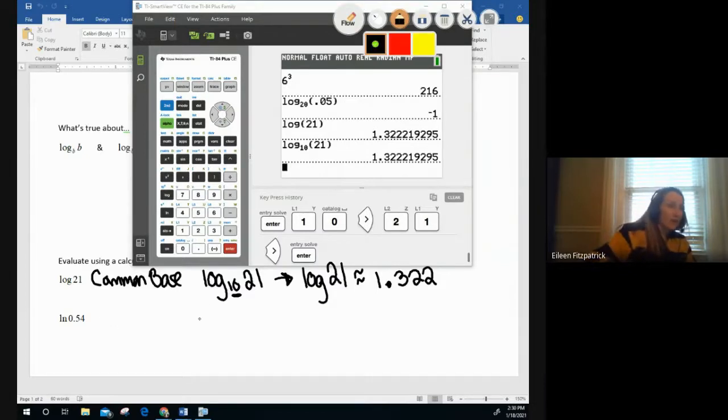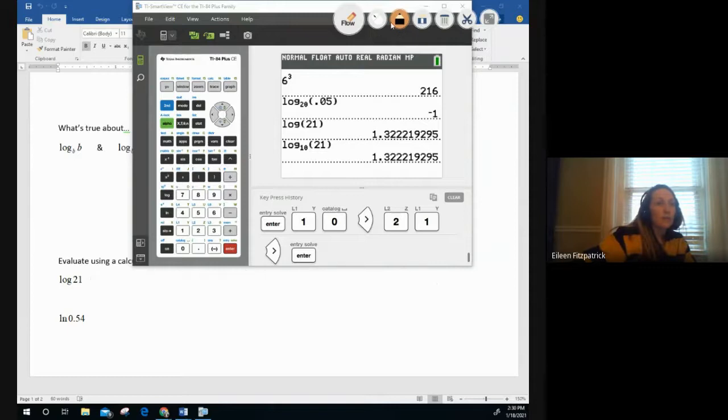This is known as, oh, I can't write down there. I'm going to have to write right above the problem because I can't write that low on my screen. Okay, so I'm going to write above this one. It's considered the natural log. All right, so ln is natural log, and that always has a base e.